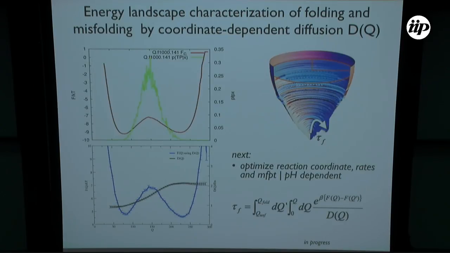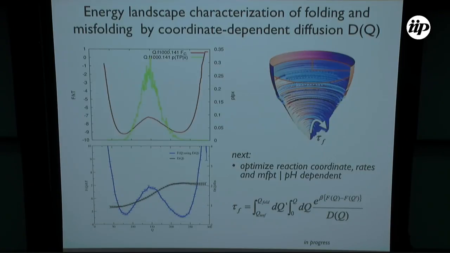So this is what we want to do. We will include the coordinate-dependent diffusion coefficient and optimize the reaction coordinate. This is where we are moving in this project. Don't take this D(Q) seriously now, because we have to find an optimized reaction coordinate, but we can see the trends. The trend here is at least 2 orders of magnitude, so we have to take it into account.